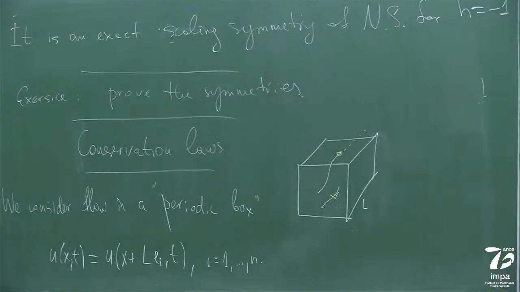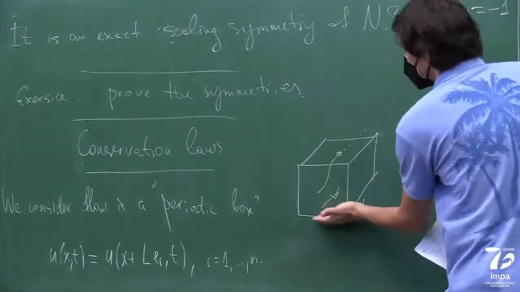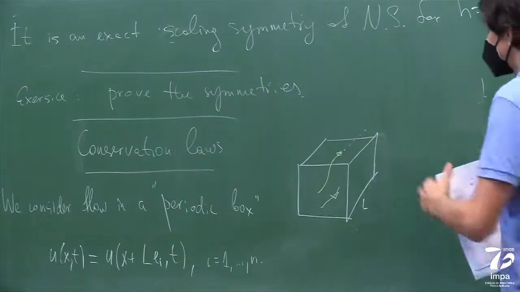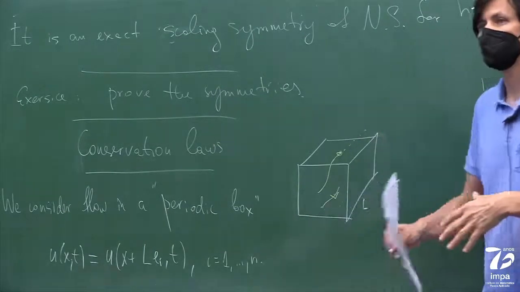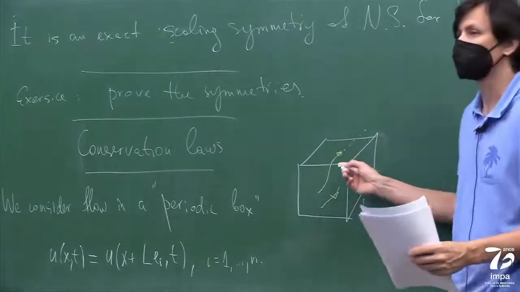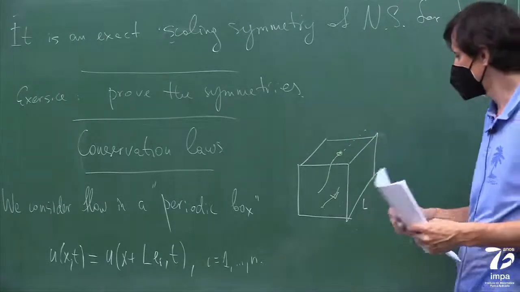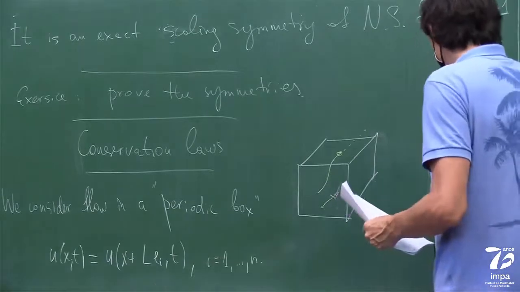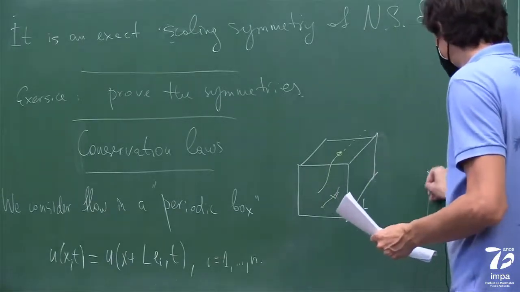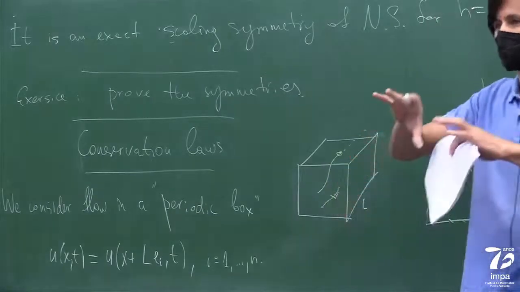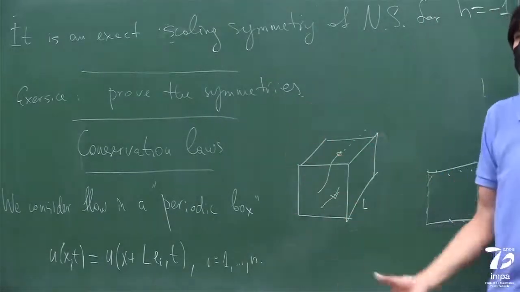So you identify speeds at all opposite faces. In this way you have a compact space, which is actually a torus, exactly the torus we know in mathematics. In 2 dimensions, if you identify the opposite sides, it's topologically a torus.